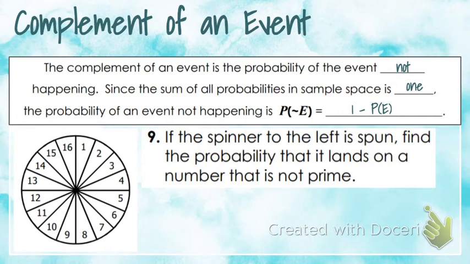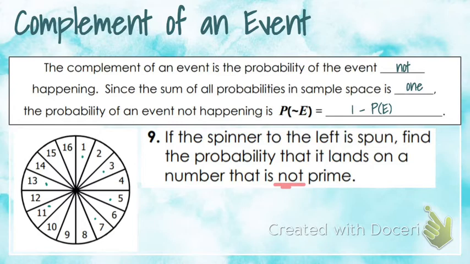Number 9, if the spinner to the left is spun, find the probability that it lands on a number that is not prime. So remember that, so let's count all the prime numbers. So there's 1, 3, 5, 7, 11, 13, and that's it.